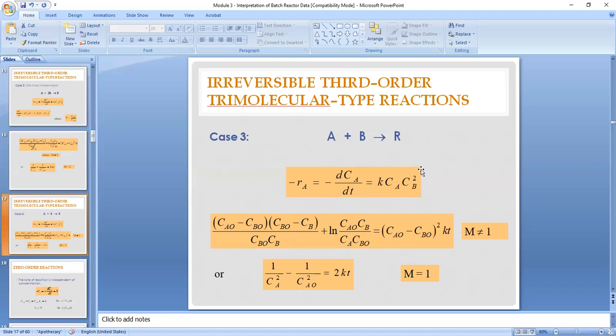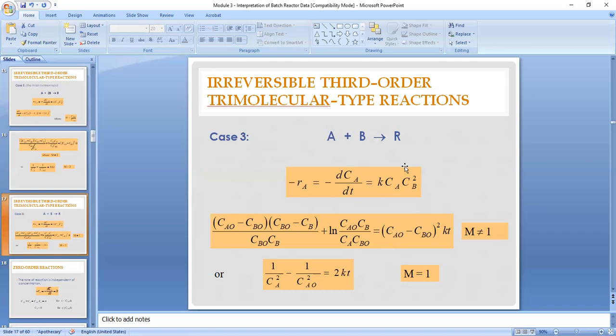You just have to express C sub B in terms of C sub B0 and C sub B0 X sub B, also converting C sub B0 X sub B in terms of C sub A0 X sub A, using stoichiometric ratios from your provided equation.